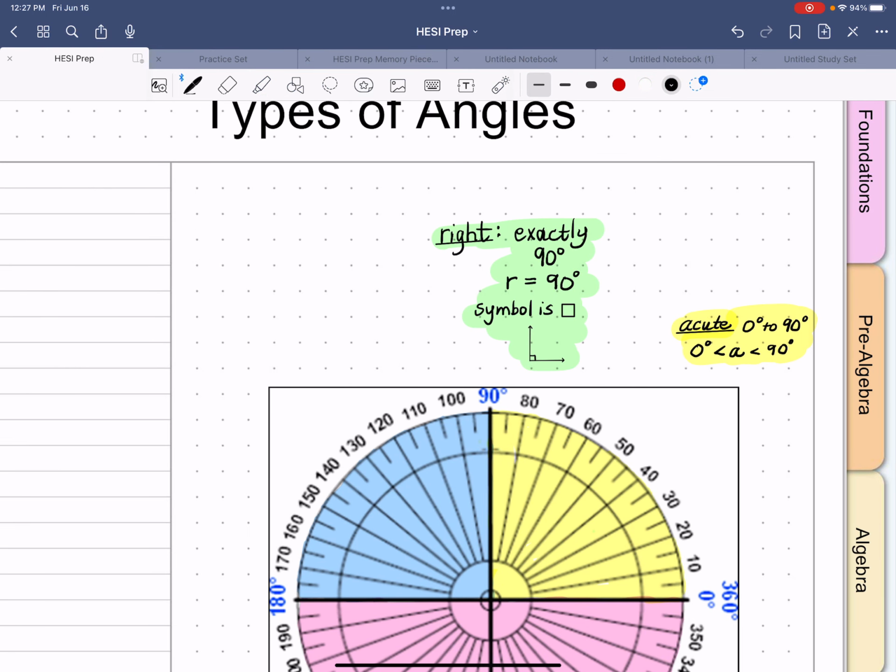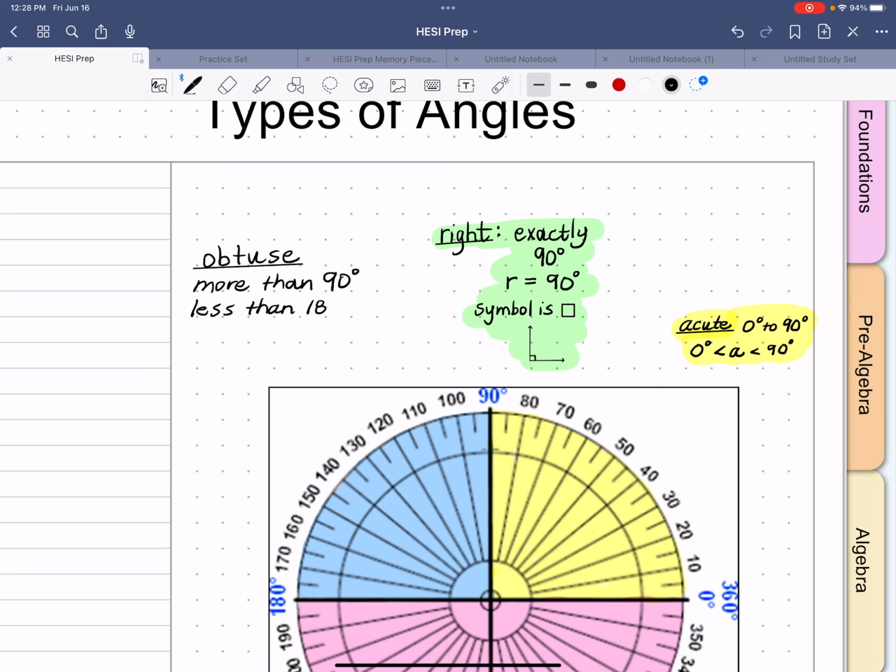Okay, then we get over into this blue section. These are the obtuse angles, and those range from more than 90 up to 180. So if you wrote it, let's say in words first, more than 90. So 90.1 is obtuse, but less than 180.